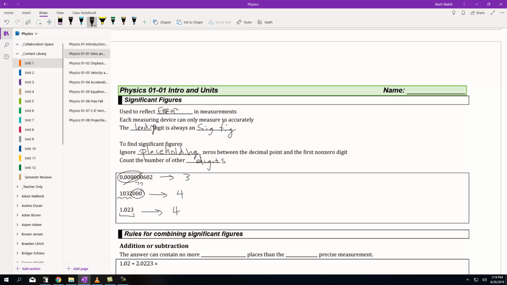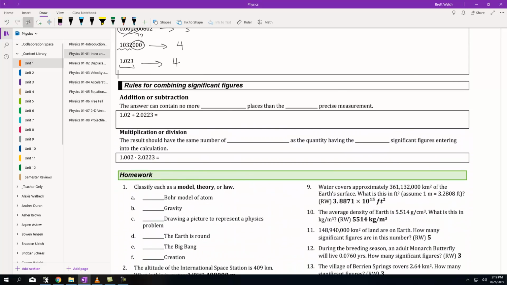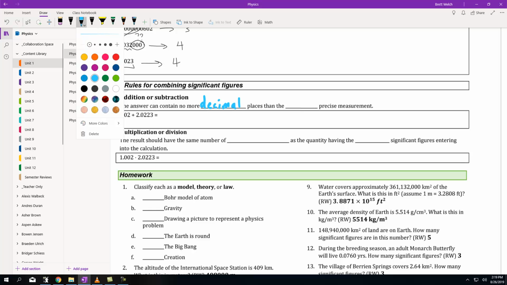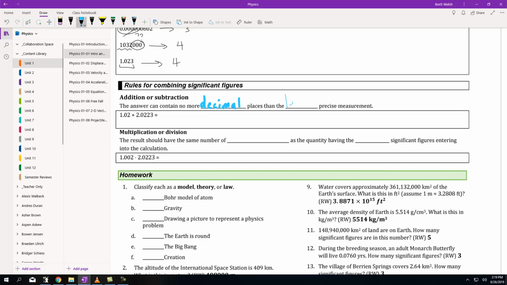When it comes to adding and subtracting, the answer can contain no more decimal places than the least precise measurement.